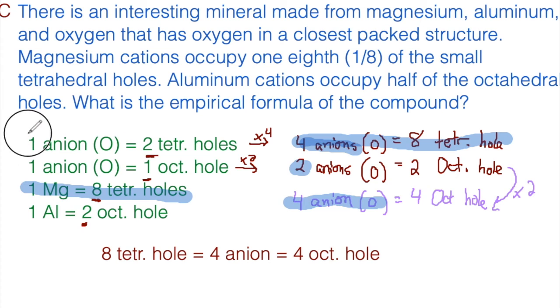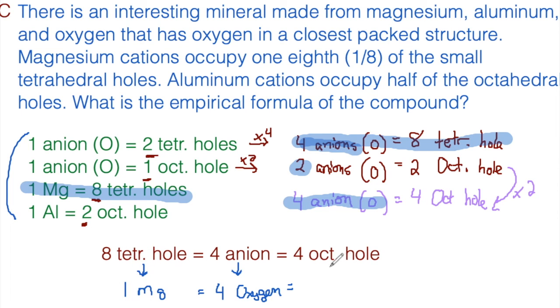So looking at our other statements over here, what does 4 anions mean? The anion is oxygen, so we have 4 oxygen. And then the 8 tetrahedral holes, that equals 1 magnesium. And then the 4 octahedral holes, I want to relate that to aluminum, so I probably should have doubled this first. Let's go ahead and double this. 2 aluminum equals 4 octahedral holes.